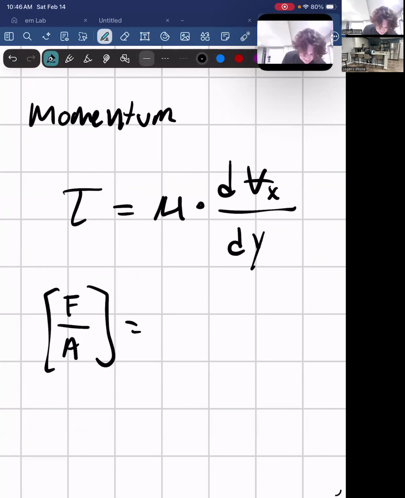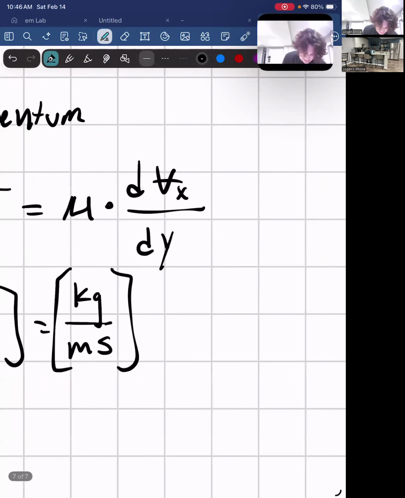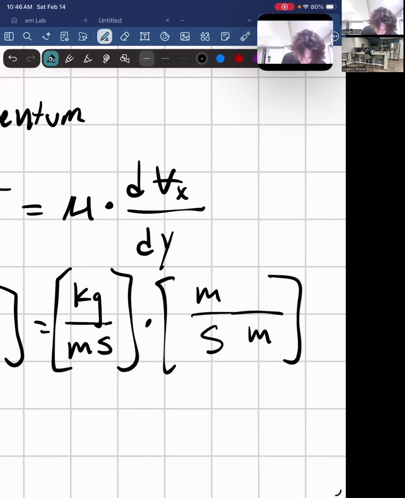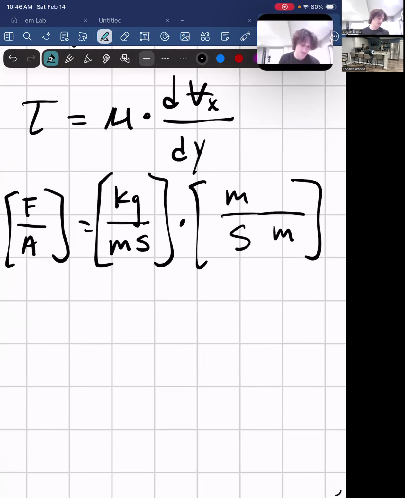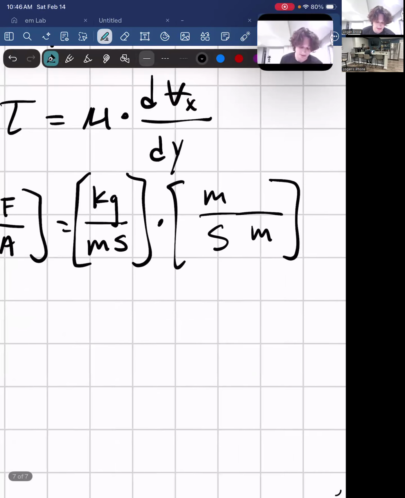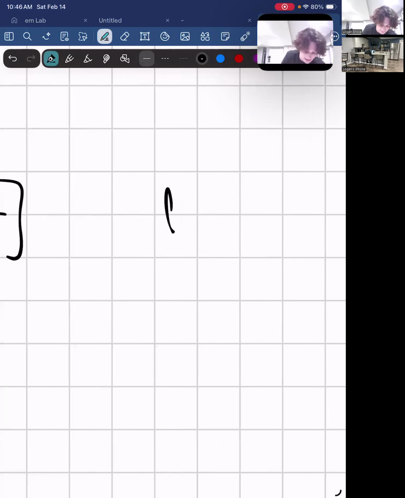This is kilograms per meter second. And then this has the units of meters per second for velocity over meters. So to convert this one, since it's not temperature, we just multiply by our density, which has the units kilograms per meter cubed.